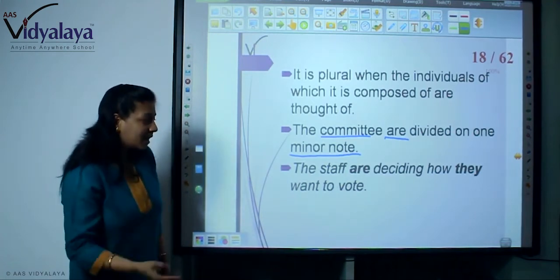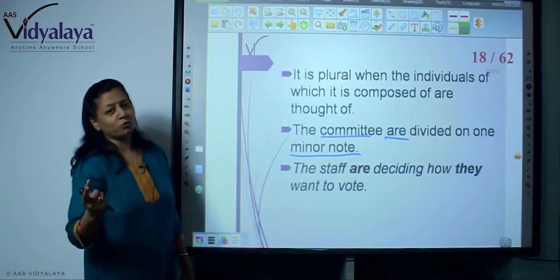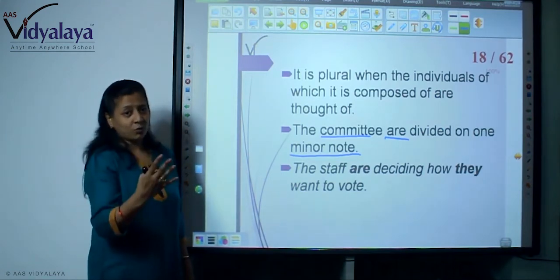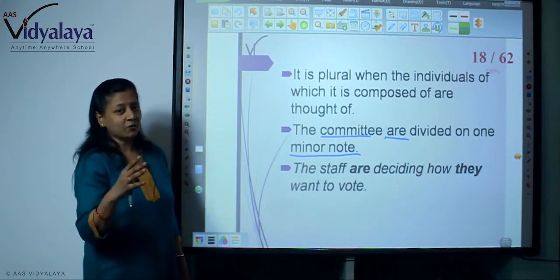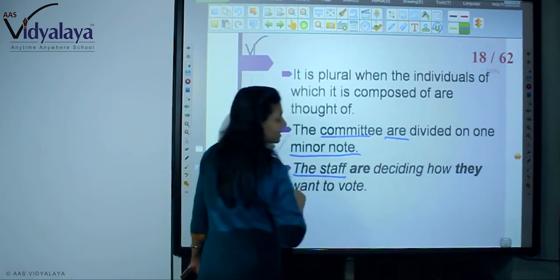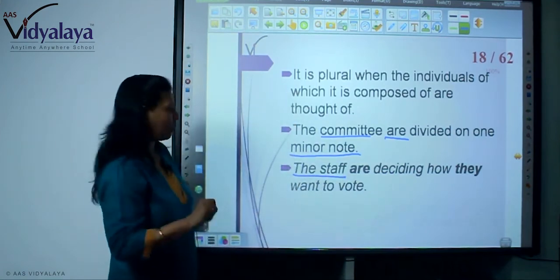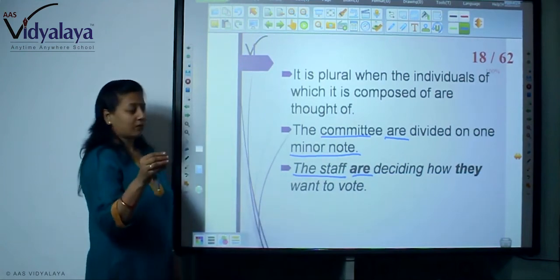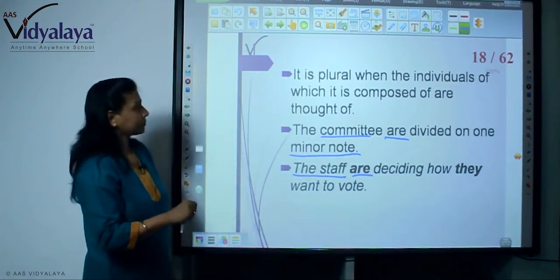The staff are deciding how they want to vote. See, each person exercises the right to vote separately, individually. It's an individual decision. So, we are not considering the staff as one whole. We are considering separate members of the staff. So, "are" is there.